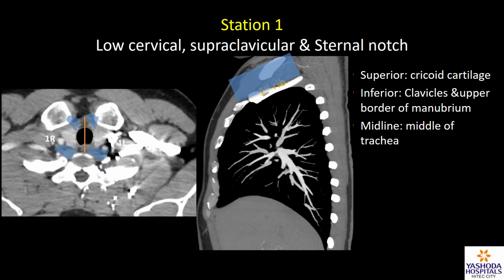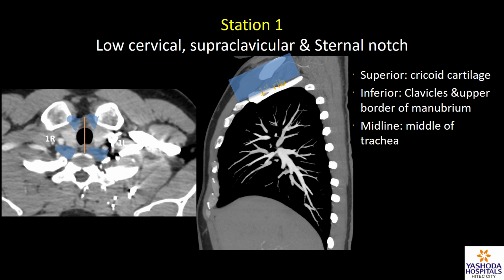Now coming to station 1, which is the lower cervical, supraclavicular, or sternal notch nodes. The superior-most margin is the cricoid cartilage in the neck, and the inferior border is the clavicles and the upper border of the manubrium. In the midline, there are both right and left groups of lymph nodes.